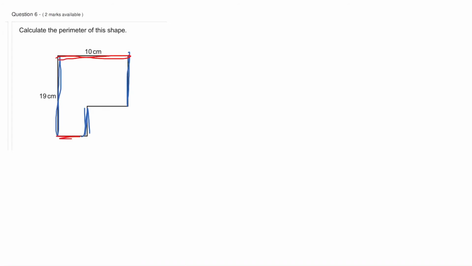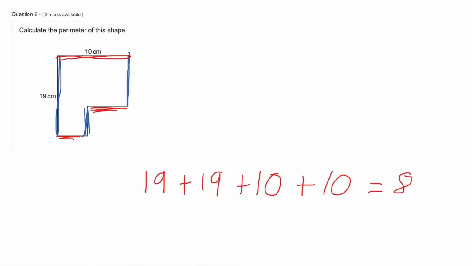So this side, add this side, must add up to 10 centimeters as well. So now we can find the perimeter. That would be 19, add 19, add 10, add 10. And that will give you an answer of 58 centimeters.